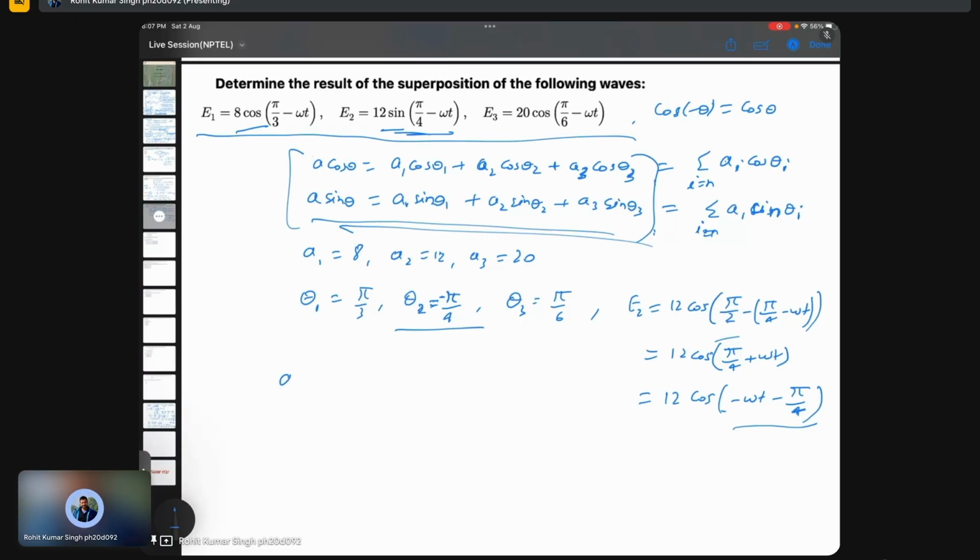So let me just quickly write this. If you put everything in the first equation, A cos theta, you will get 29.81. A sin theta, you will get 8.44. Okay.